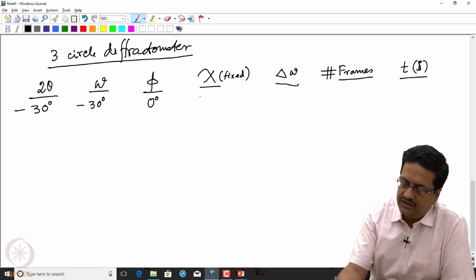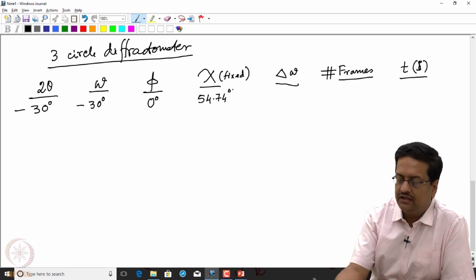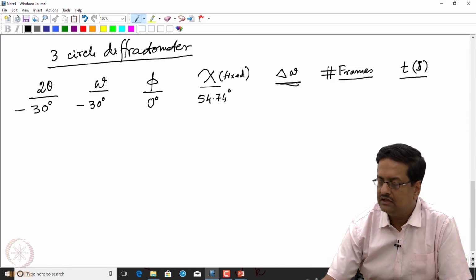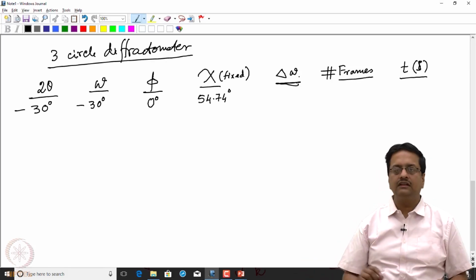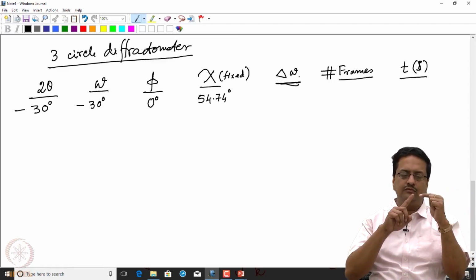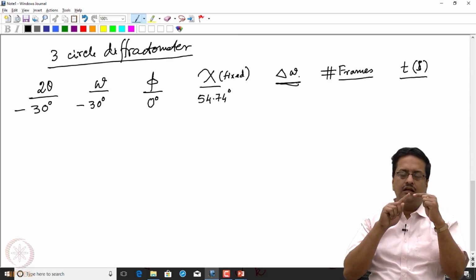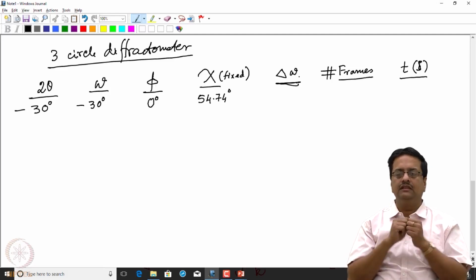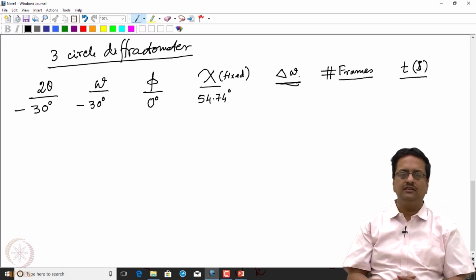Chi is fixed at 54.74 degree. And now this is the width. What is the width? When the crystal is being exposed to X-ray, we don't keep the crystal static, rather we move the crystal by a certain amount in omega. That certain amount is the width in omega.